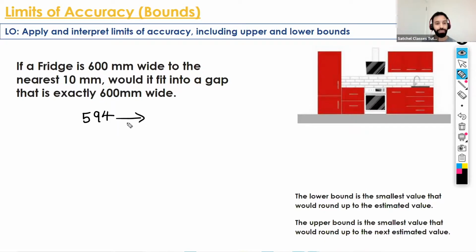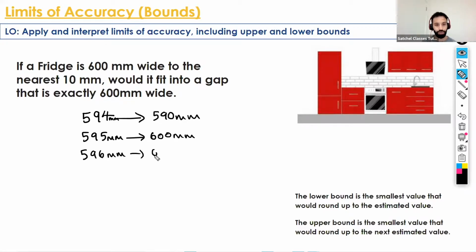To the nearest 10 millimeters, this would round to 590 millimeters, so it can't be 594. What if it was, however, 595 millimeters? Well, in this case, 595 to the nearest 10 would be 600 millimeters. What if it was then, let's say, 596 millimeters?